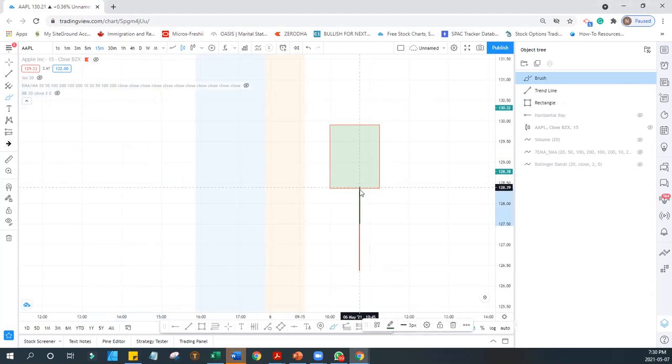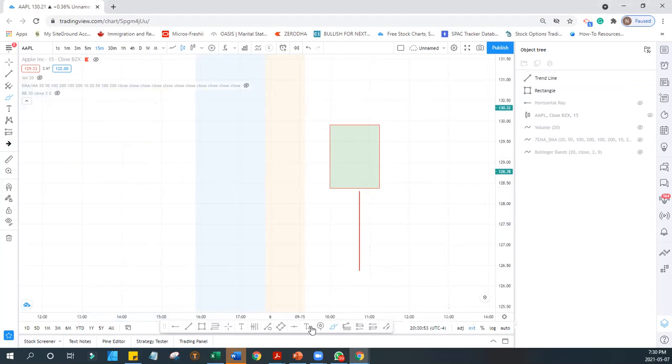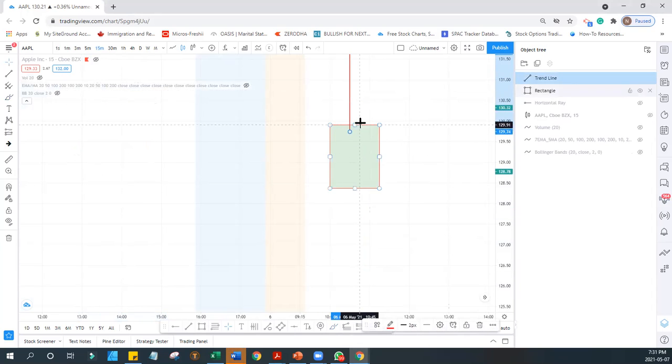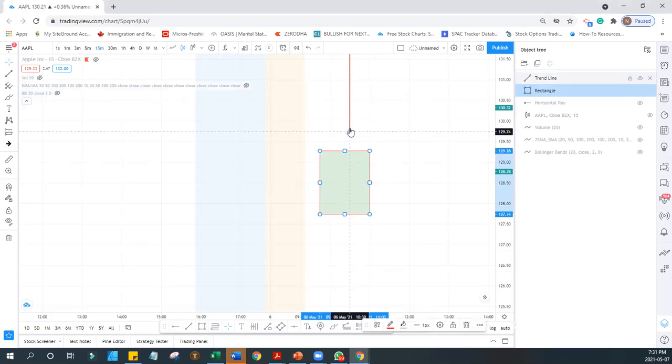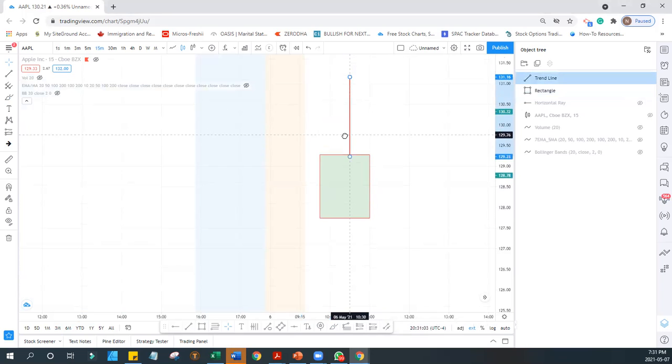Now, if I change this scenario a little bit and put this one over there, and I have a candle with a wick like this, what does it signify?